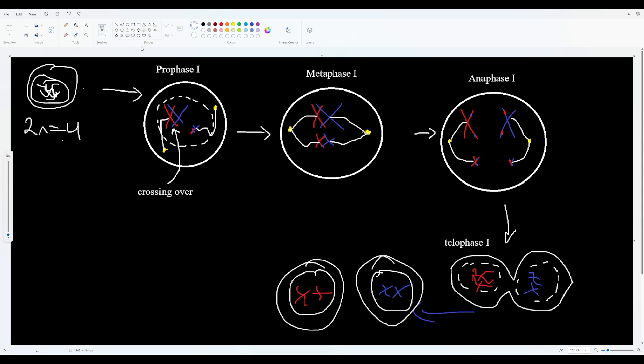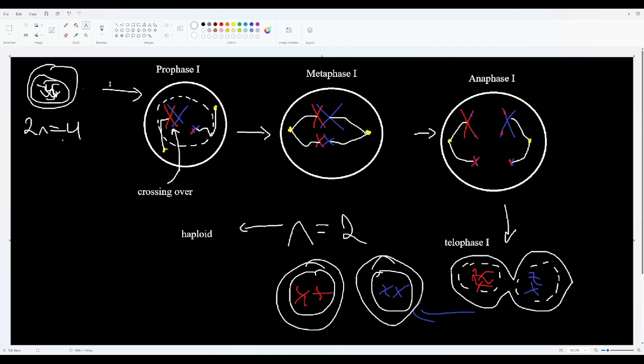So, we no longer have homologous chromosomes, so the cell is going to have half the amount of what we started with. So not 2n, but n equals 2. When we say n equals, n tells us that this is haploid, and 2 tells us the amount of chromosomes.